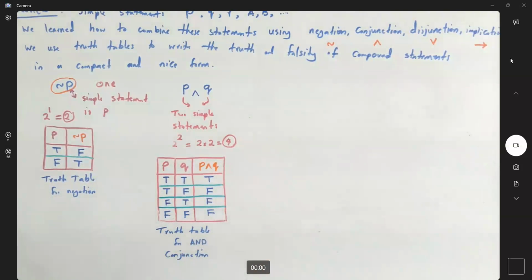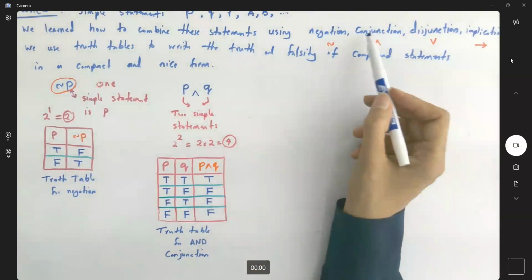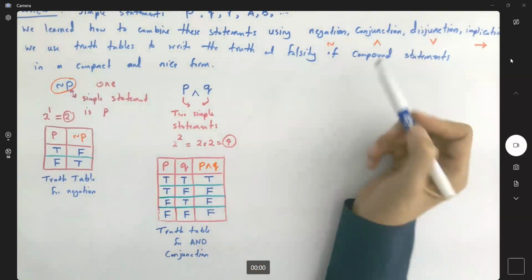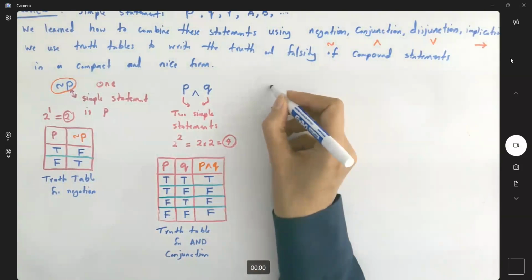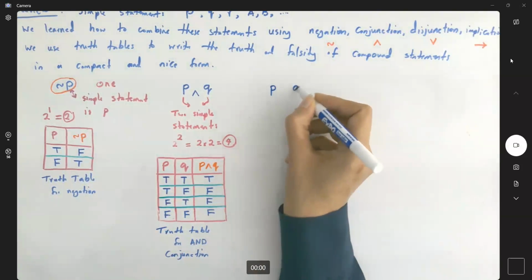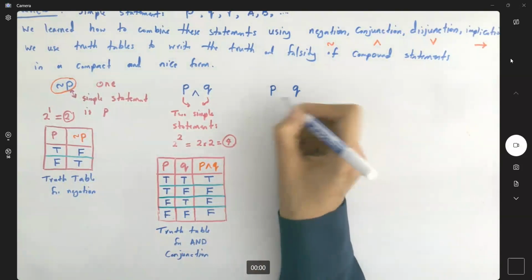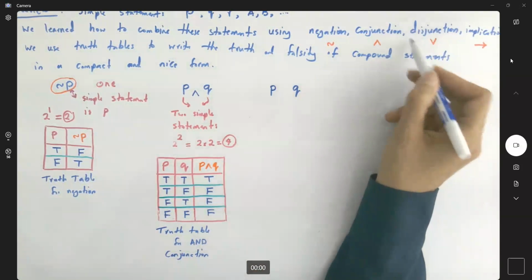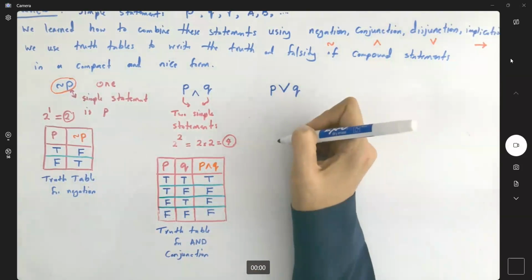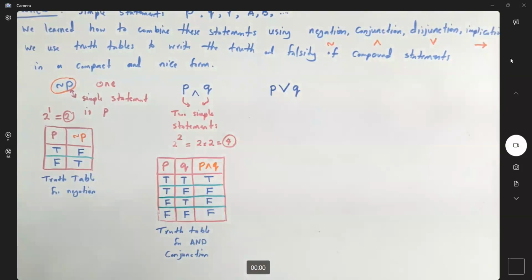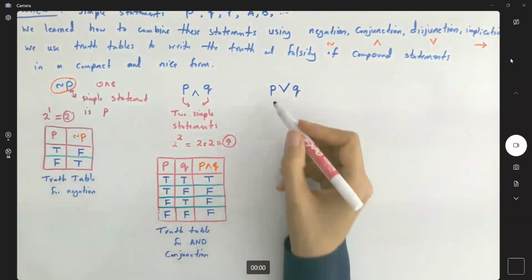Memorize these. The next one that we're going to discuss is disjunction. Very good. Disjunction. If you have 2 simple statements, P, Q, you can connect these 2 together using disjunction for new statements. The same process. How many simple statements do we have?